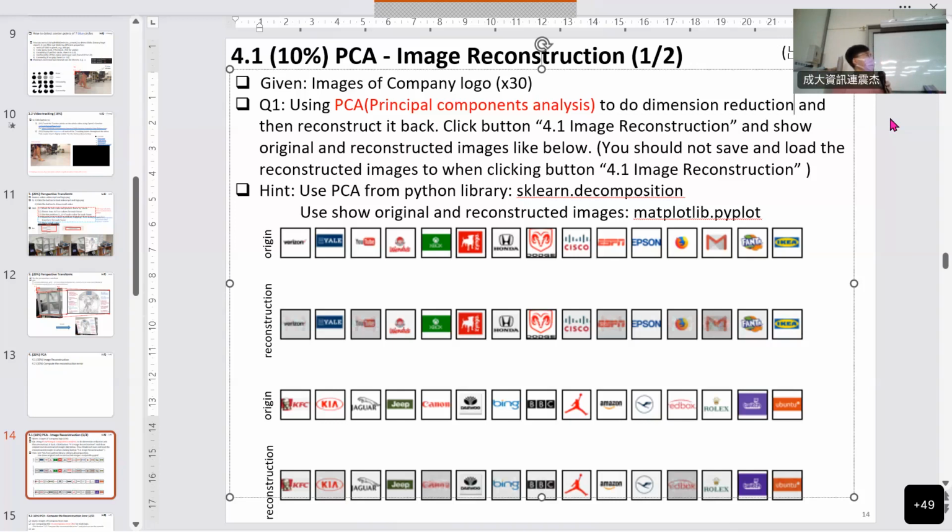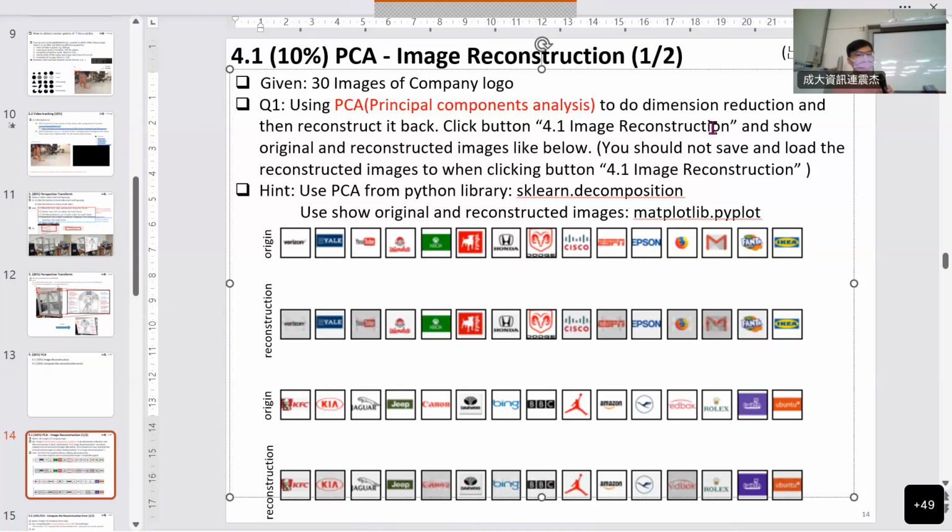So I will explain it again. You will be given 30 images of the company logo. Don't write close 30, this doesn't mean 30 times. Yeah, 30 company logo images.